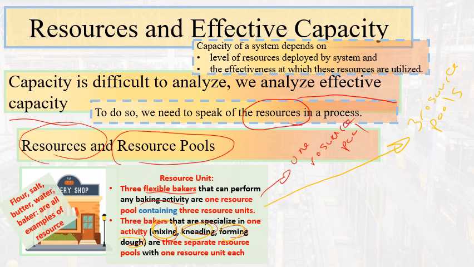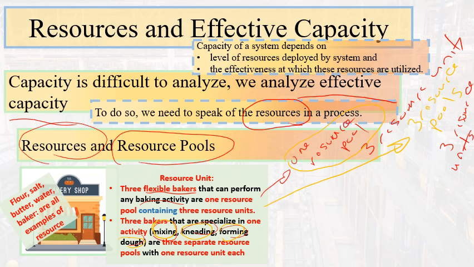Now, in the case of the bakery, even though we have one resource pool, we still have three resource units within that resource pool. And here we still have three resource units.